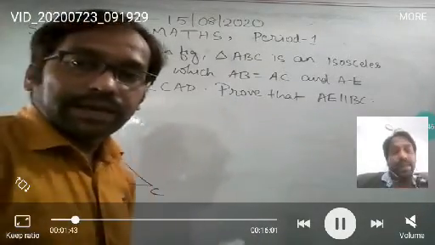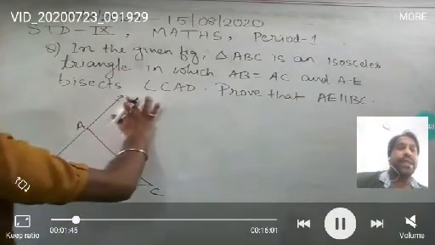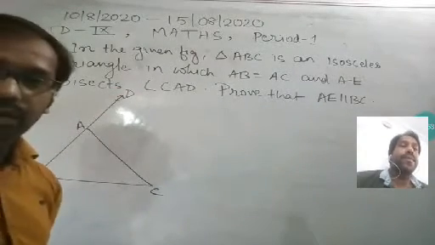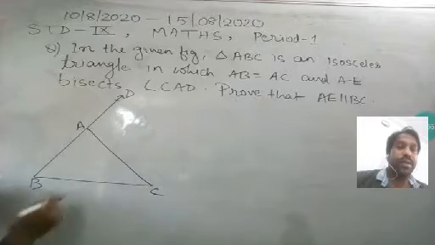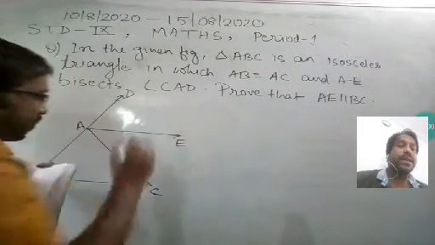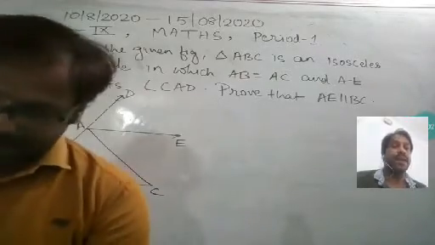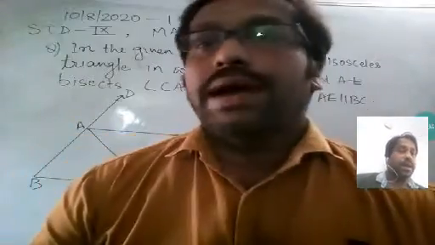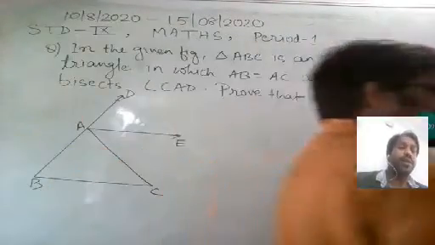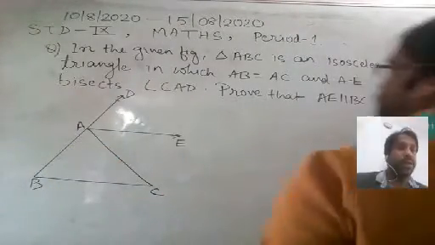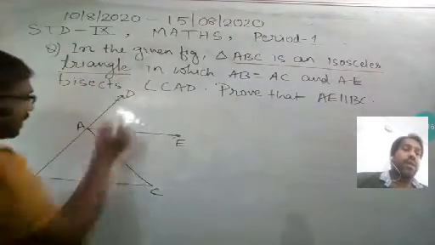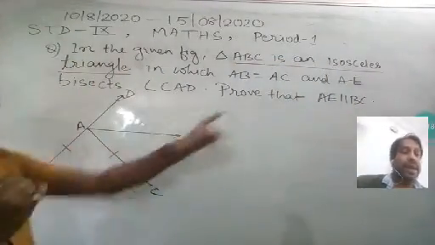It is given, we have to prove AE parallel to BC. First of all I will draw that line AE, which is bisecting. Now that AE is bisecting angle CAD, and again I am saying that AE will be parallel to BC only when either corresponding angles are equal or alternate angles are equal.